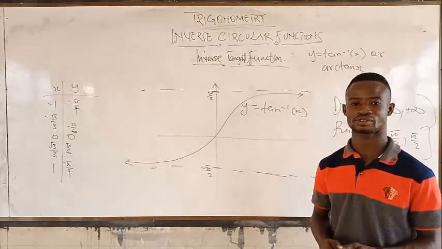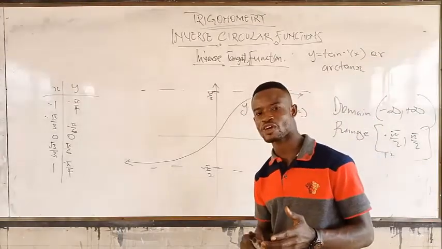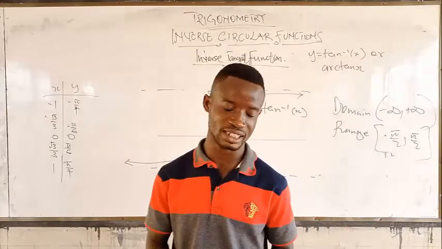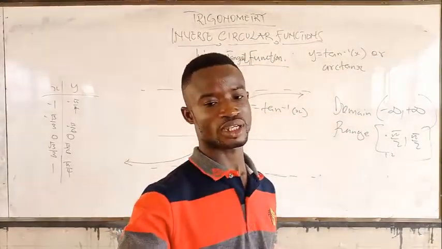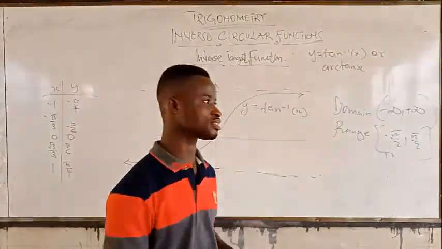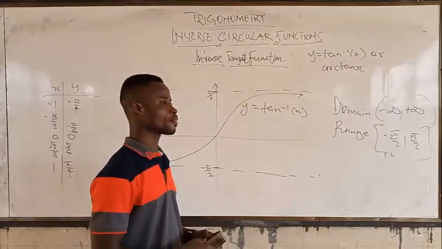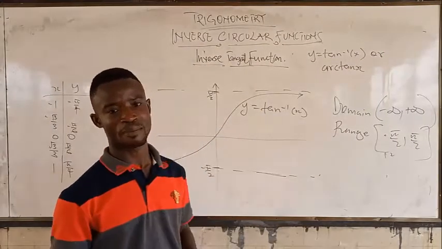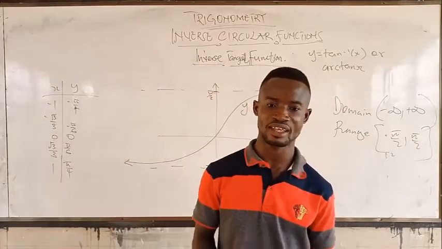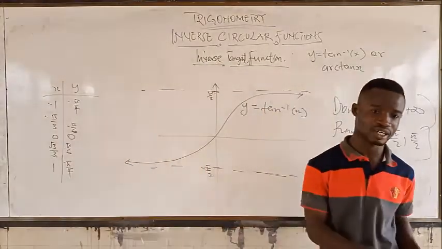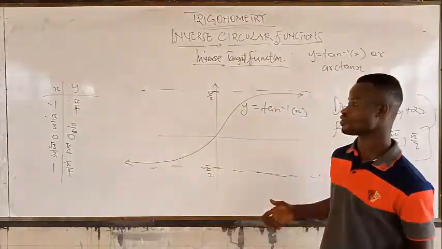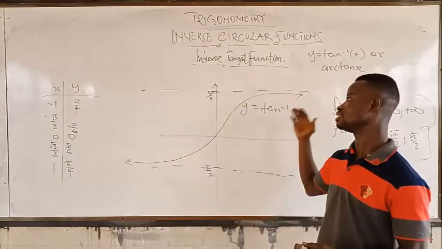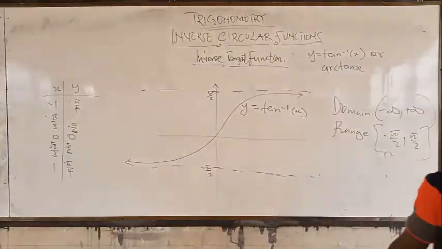So we have cosecant, secant, and cotangent. For that one, we can show it to you graphically, but let me give you the domain, the range, and everything in table form for us to proceed. For that one, we're not going to look at it in the geometrical way.